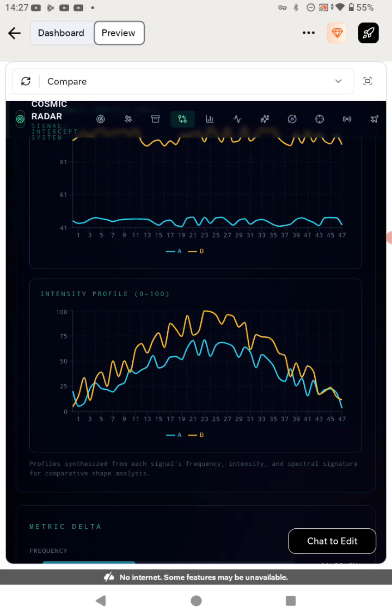Intensity profile. I think that's like 0 to 100, I'm not 100% sure. So, the blue is the frequency A. B is the yellow frequency.